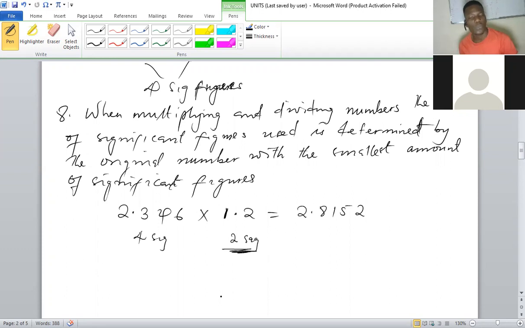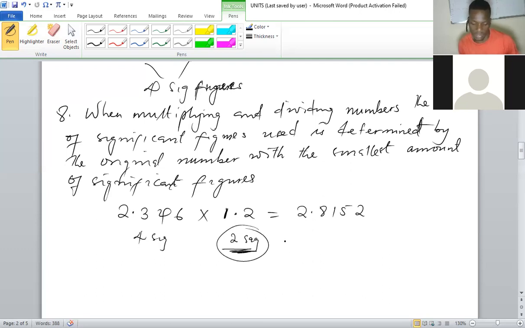Because remember, we are trying to be as precise as possible. For the sake of precision, we take the one with the lowest number of significant figures.